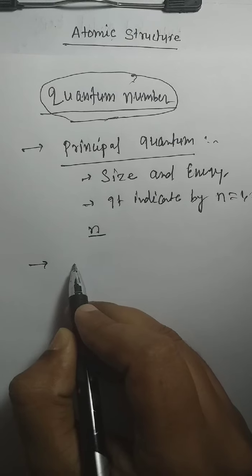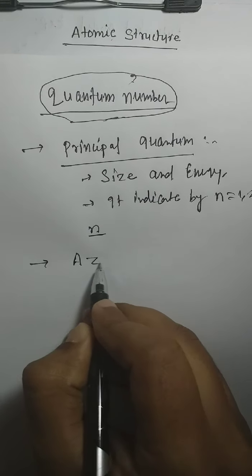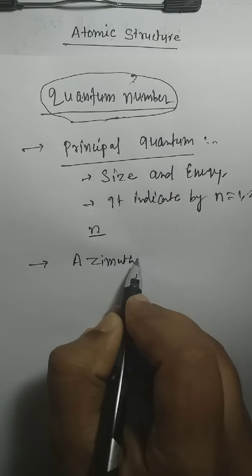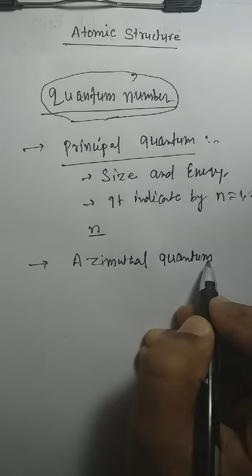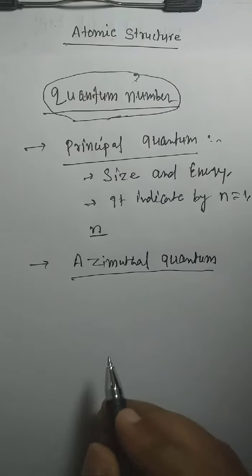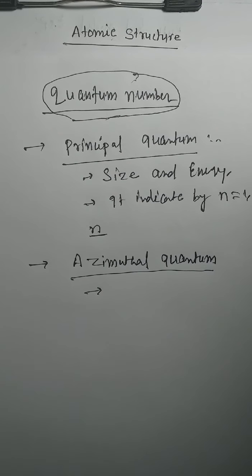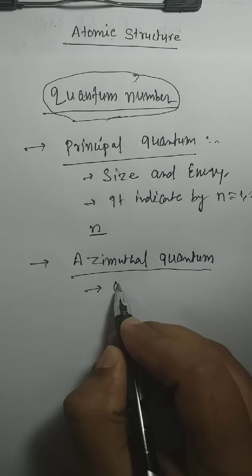The second type of quantum number is known as the azimuthal quantum number. It gives an idea about the orbital angular momentum. Memorize this.